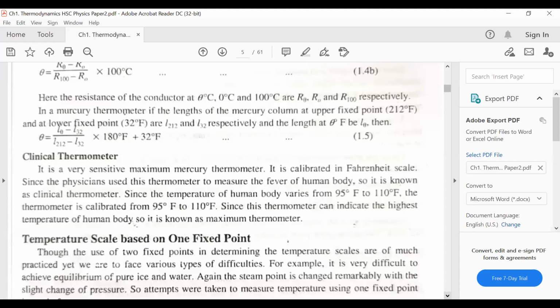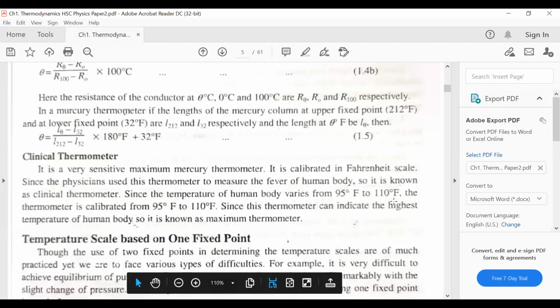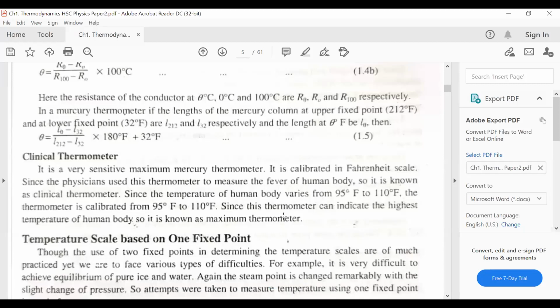No, because in a clinical thermometer, you can measure only from 95 degrees Fahrenheit to 110 degrees Fahrenheit. Why? Because the temperature of the human body varies from 95 degrees Fahrenheit to 110 degrees Fahrenheit. So it is calibrated so that it can measure only between these two temperatures.